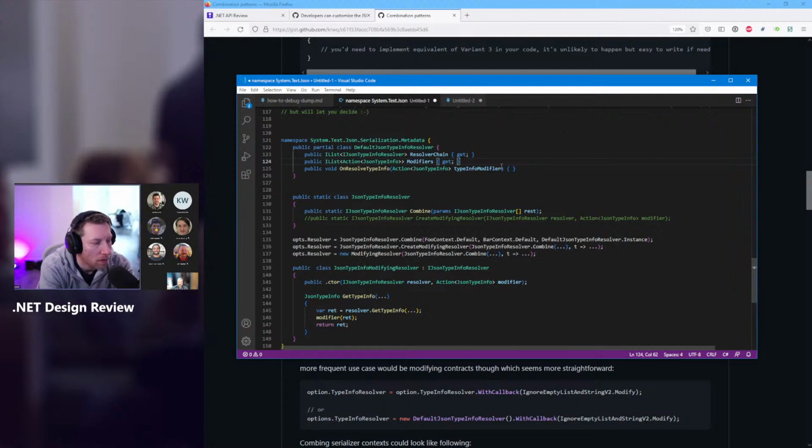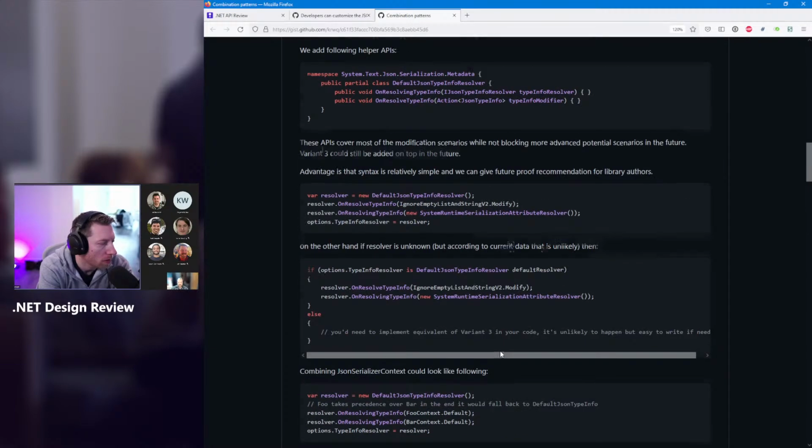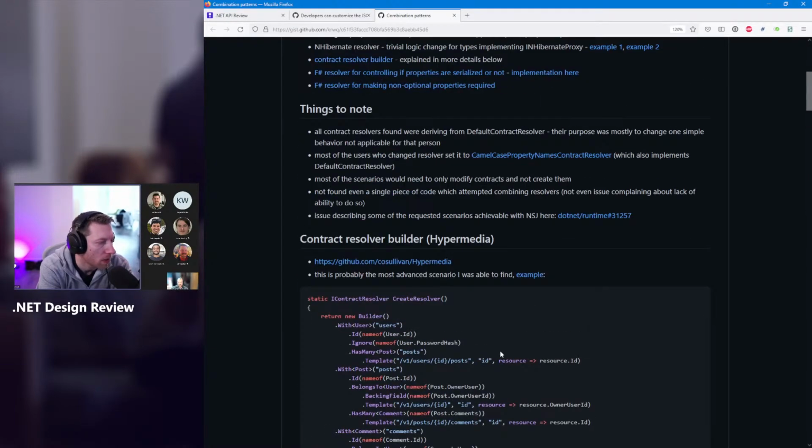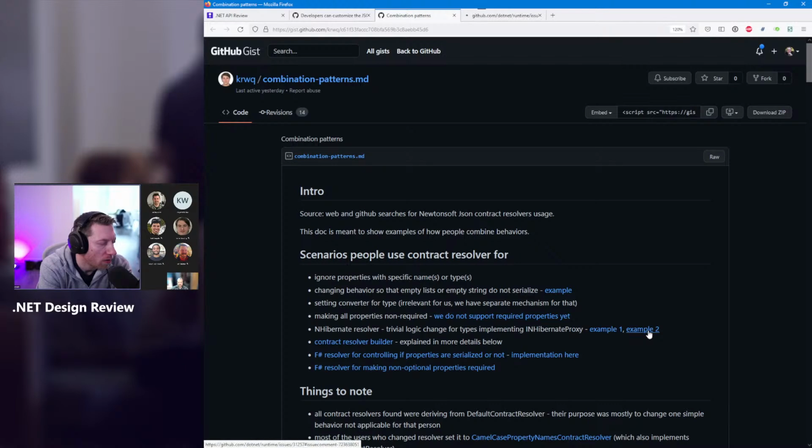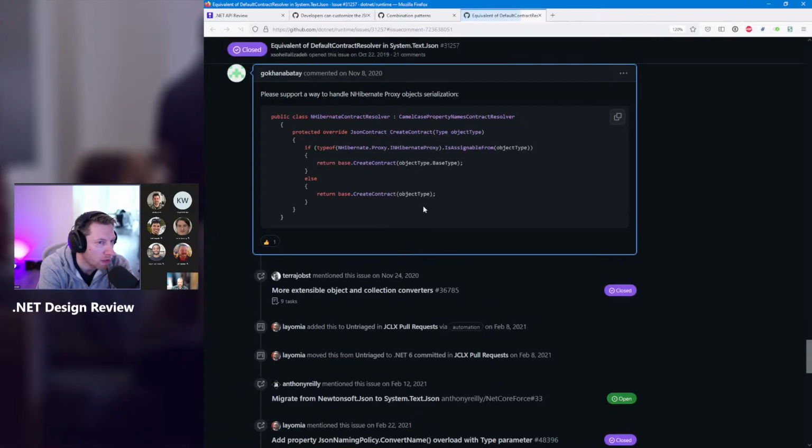I mean, I'm still struggling with what Christoph said earlier. He said the most common case is modification, not combination. That seems odd to me, because I would expect most people just want to say, oh, I have one resolver that is for my type, I have a different resolver that is for other types, I just want to use both of them.